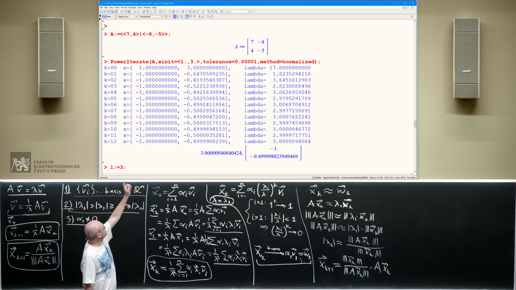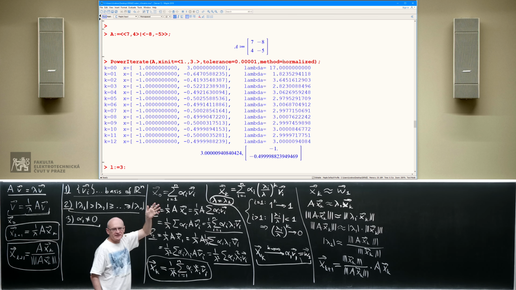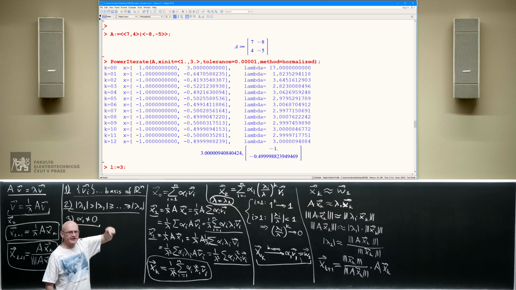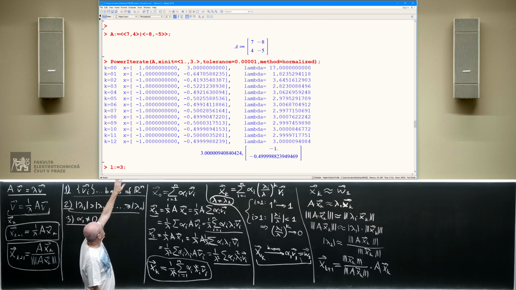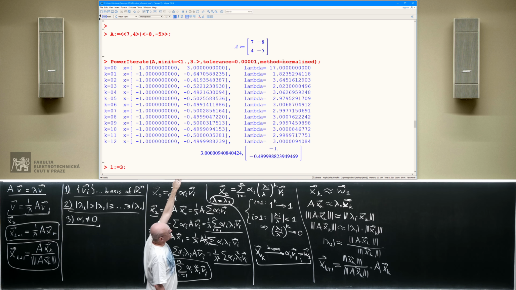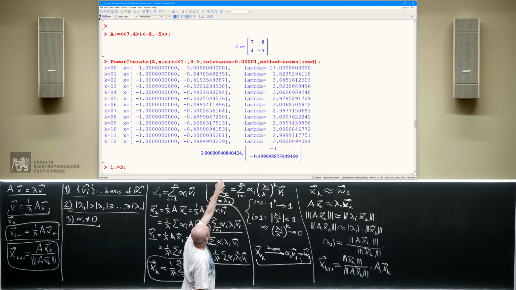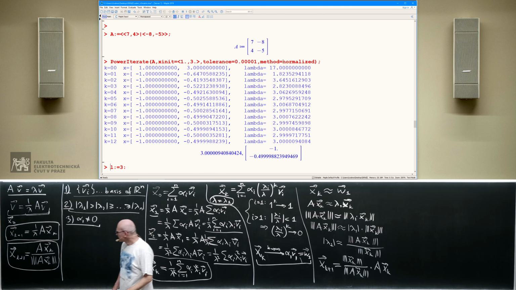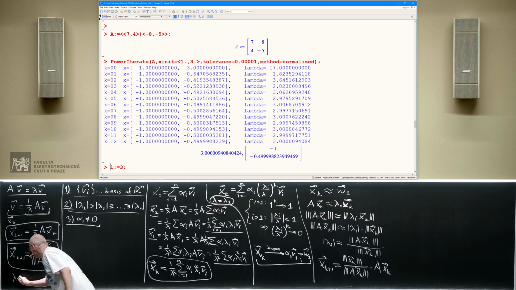So one of these two coordinates must be 1, automatically because of normalization with respect to the maximum norm. So this works here. And now for every vector xk, if you want, I'm actually finding the corresponding estimate of lambda, of the eigenvalue, using the formula that we see over there. So I'm actually estimating lambda as the norm of Axk.